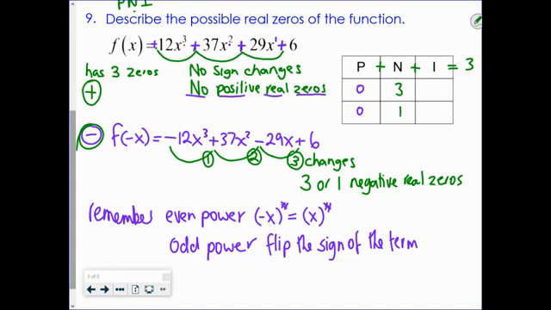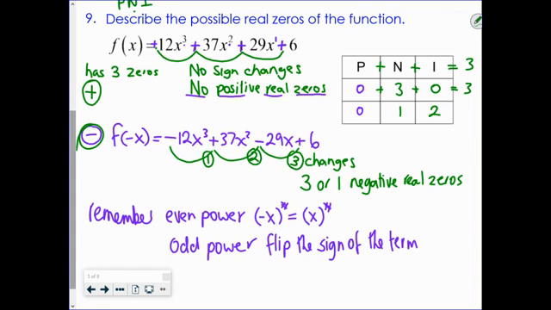Now, on each row, if there were no positive real zeros plus 3 negatives, there couldn't be any complex because the sum of these has to equal 3. If I had no positives, 1 negative, there must be 2 complex. How I could use this to help me is not bother looking for any positives. If I found 2 negatives, I know the third would be negative as well. Okay, that's how you could maybe use that information.